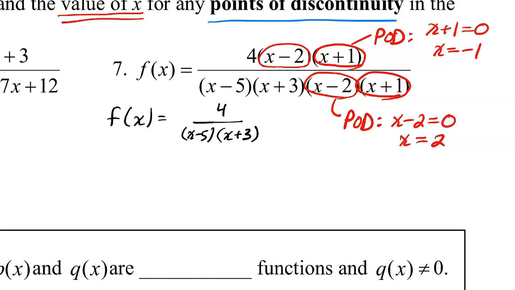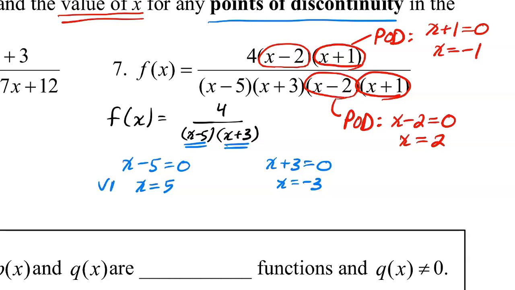So for these two factors, we're going to set those equal to 0, any factor in the denominator that's left over. And you could probably do this part in your head, right? Doesn't take too much to figure out that we would get 5 and -3. So we'd have a vertical asymptote at x equals 5, and a vertical asymptote at x equals -3.